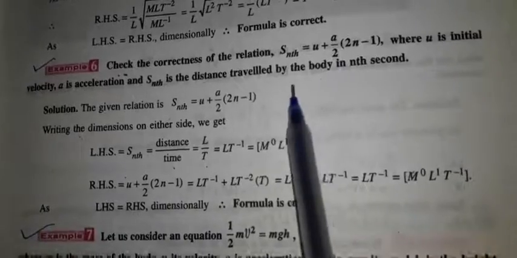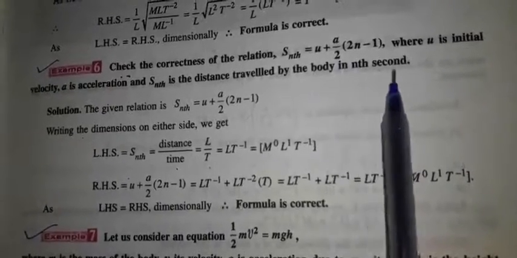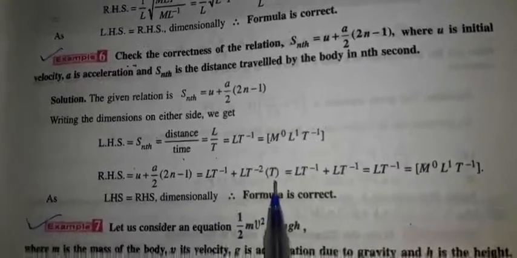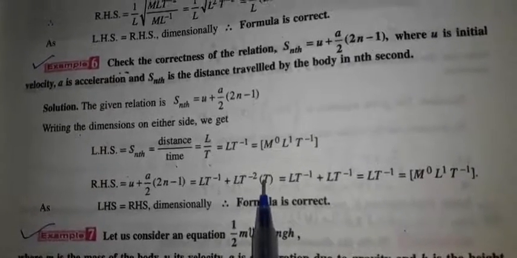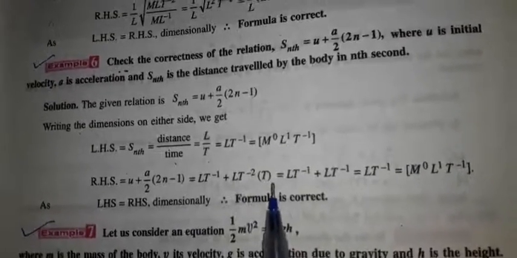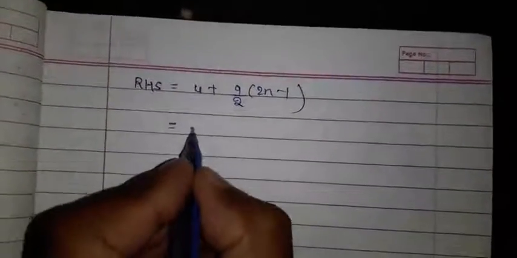What is n? Let's see here, a body in the nth second. So n is the time in seconds. So only T in place of n. So solve this. What is the dimension of u?